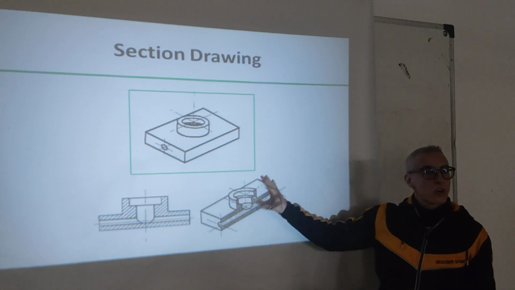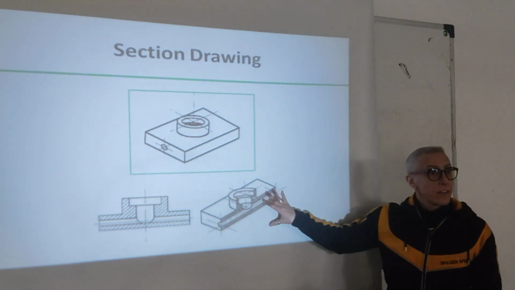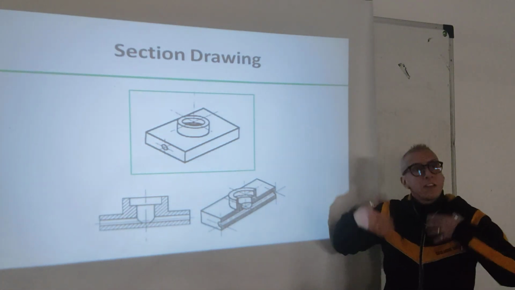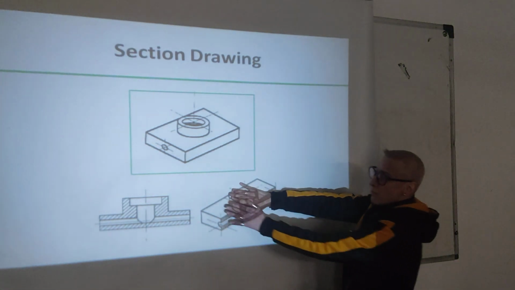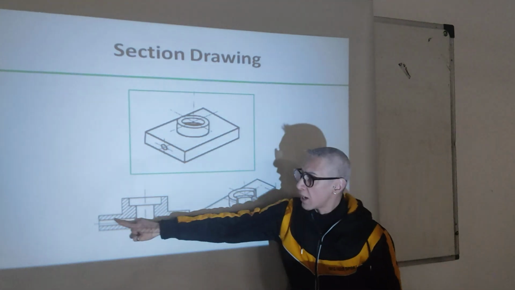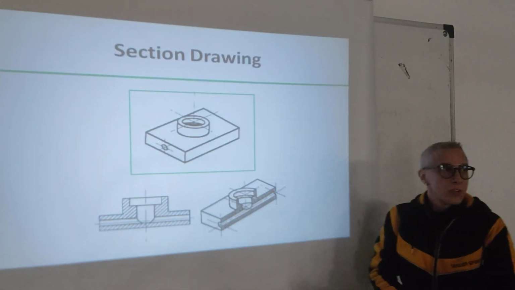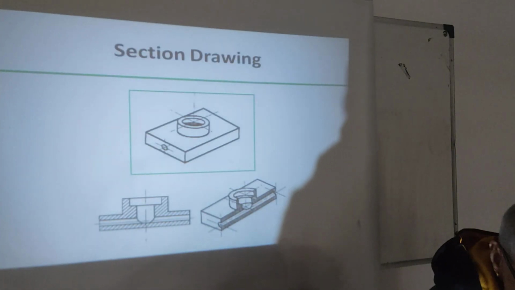Sometimes they draw section views both as orthographic and isometric, for example, if it needs extra clarification. Sometimes we don't have this, we just have the object, the cut line through, and we draw it as orthographic. So it basically depends on the drawing and on the need.